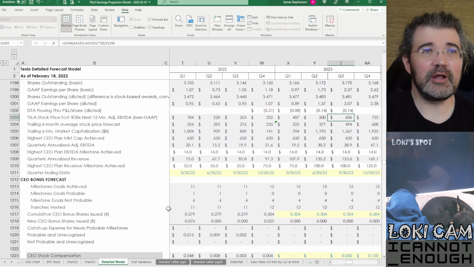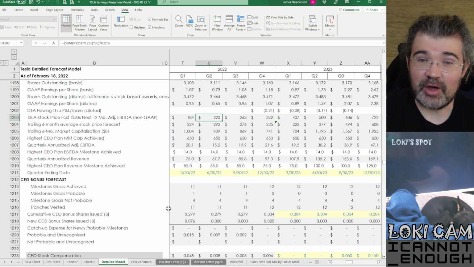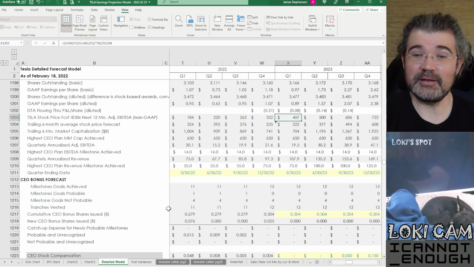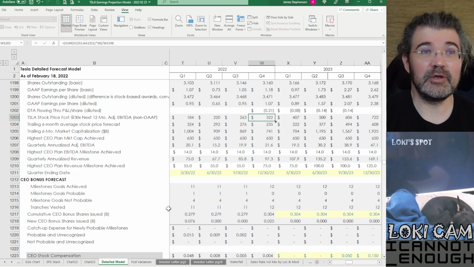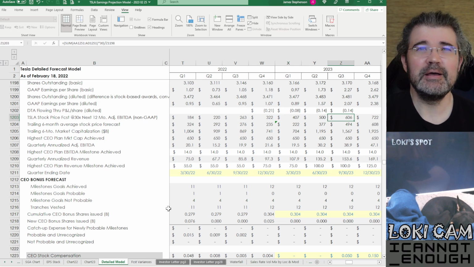Since we entered a bear market in 2022, that multiple has been doing a lot worse job approximating Tesla's share price. But if the bull market had been uninterrupted, we perhaps could have seen Tesla's stock price closer to these values as time went by.